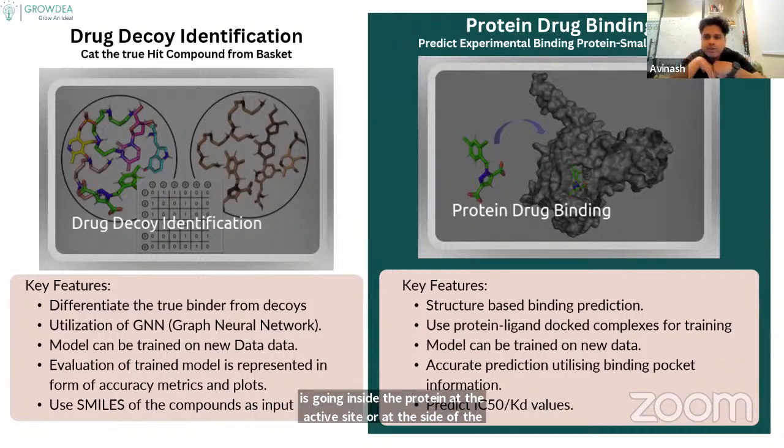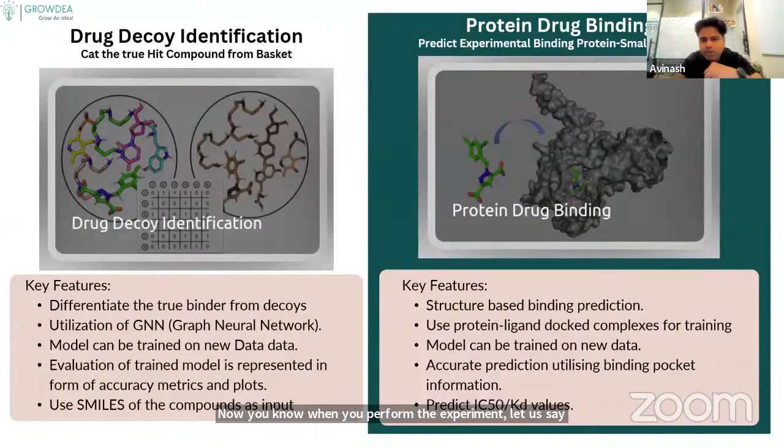Now, when you perform the experiment, let's say there is a solution of protein and you put your compound in that solution, then it's a very native kind of interaction, right? It is very natural: the molecule would go and sit inside the binding pocket only if it is feasible.